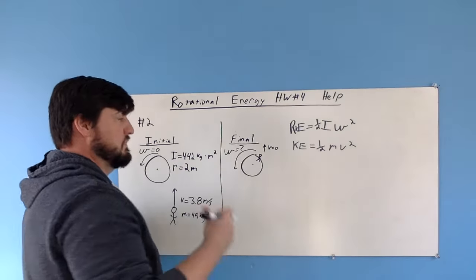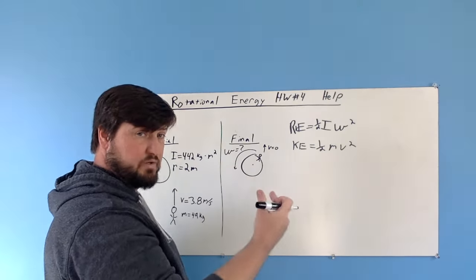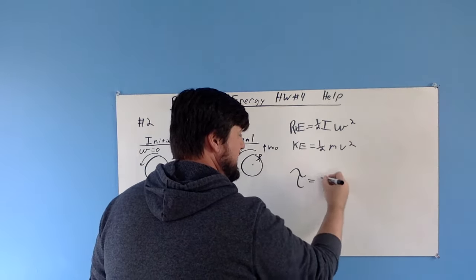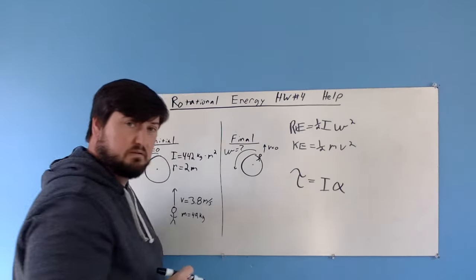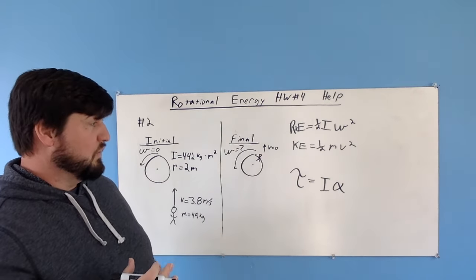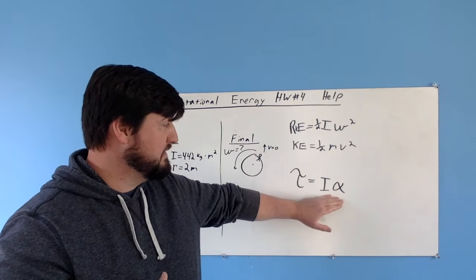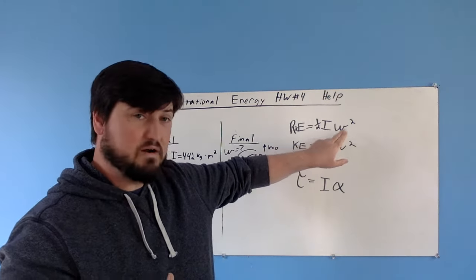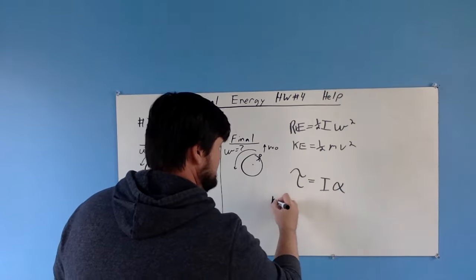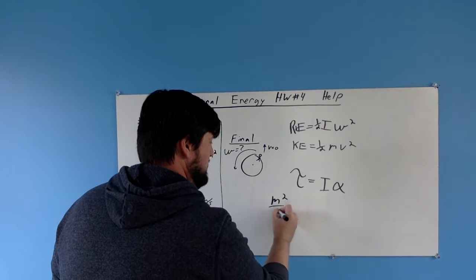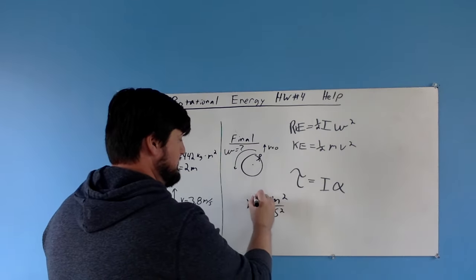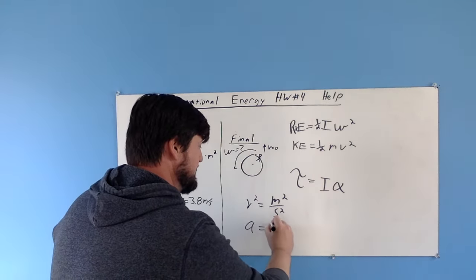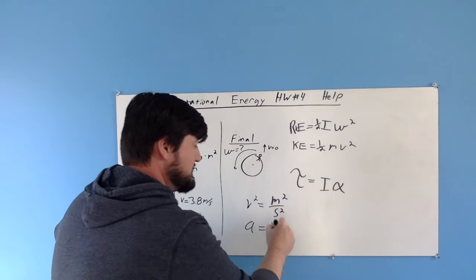If we talk about this in terms of torque, one thing I'm giving you right now is torque and rotational components, and that was actually I alpha. So this is really close to that already. If you square a velocity, meters squared over second squared would be v squared. Acceleration is meters over second squared, so it's pretty close.